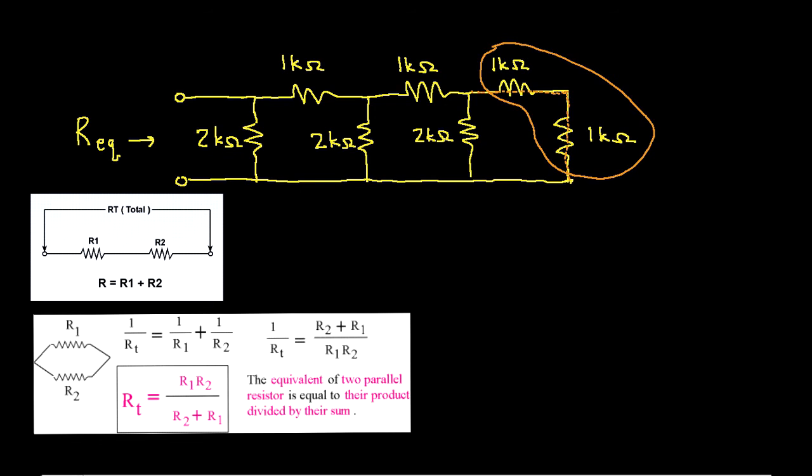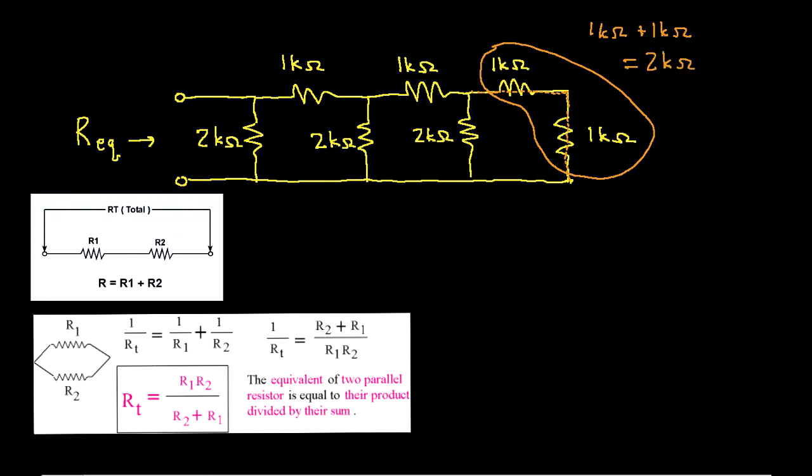There is no alternate path for the current. Any current that goes through the upper 1 k ohm resistor goes through the lower 1 k ohm resistor. So since these are series resistors, the equivalent resistance is 1 k ohm plus 1 k ohm, which is 2 k ohms.